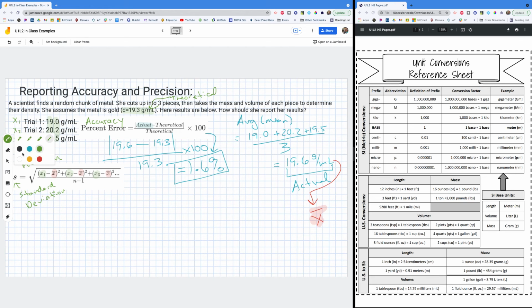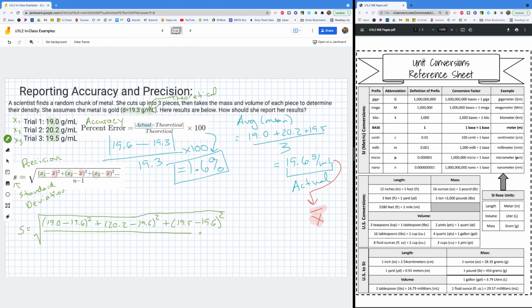That's just 3. So if we plug this in, we get S equals the square root of x1, which was 19, minus the average, 19.6, squared, plus trial 2, 20.2, minus 19.6, the average, squared, plus trial 3, 19.5, minus 19.6, the average, squared.